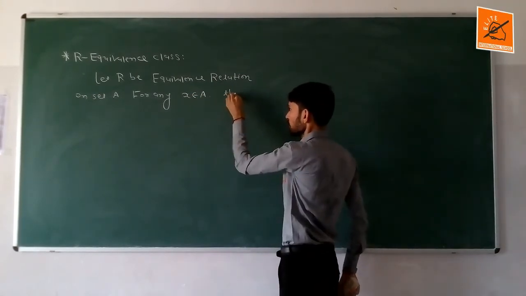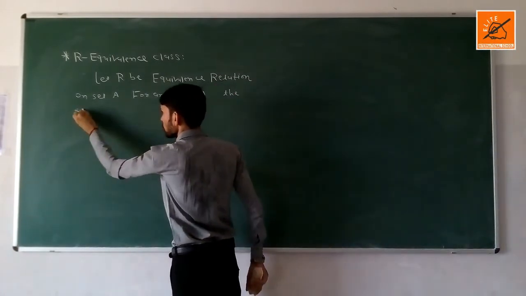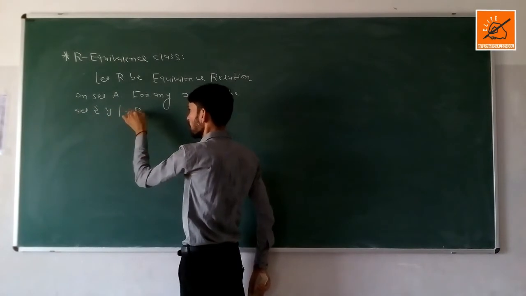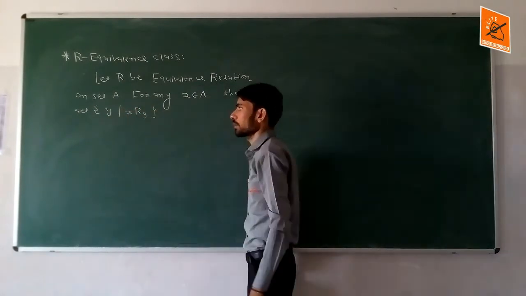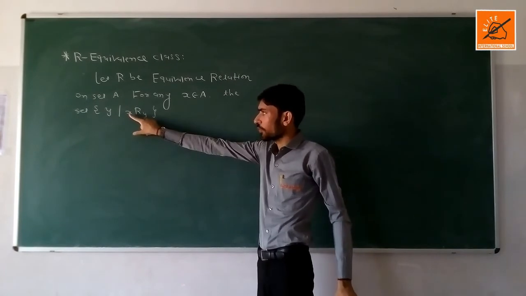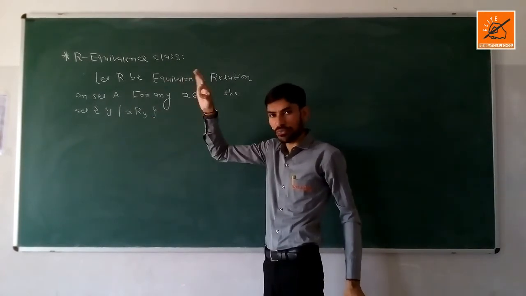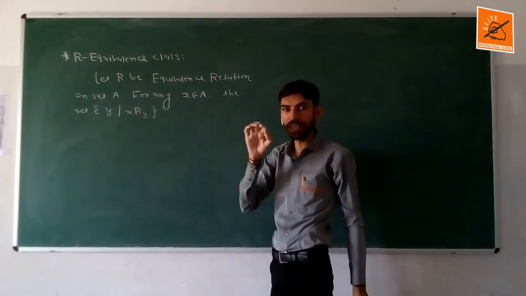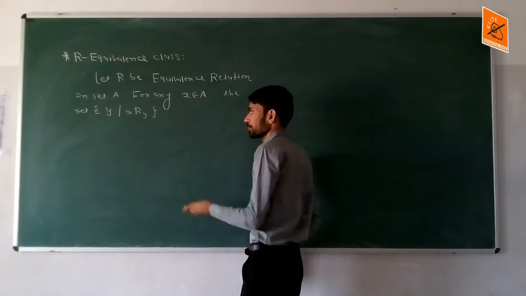this set of y where x is related to y. So this set contains those elements which are related to x. So whenever you write the equivalence class of x, the equivalence class contains those elements which are related to the element x.